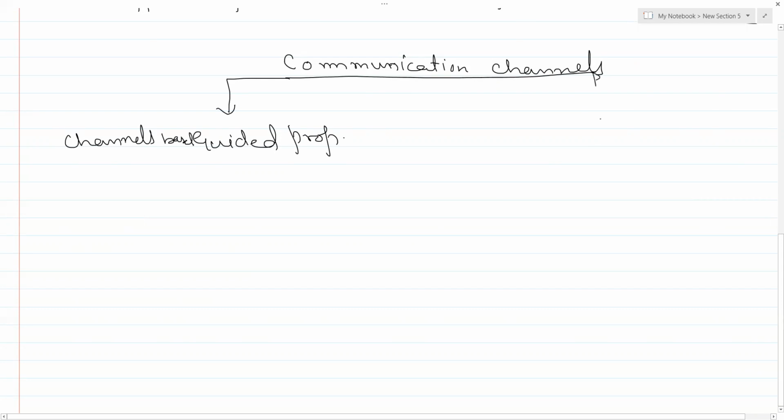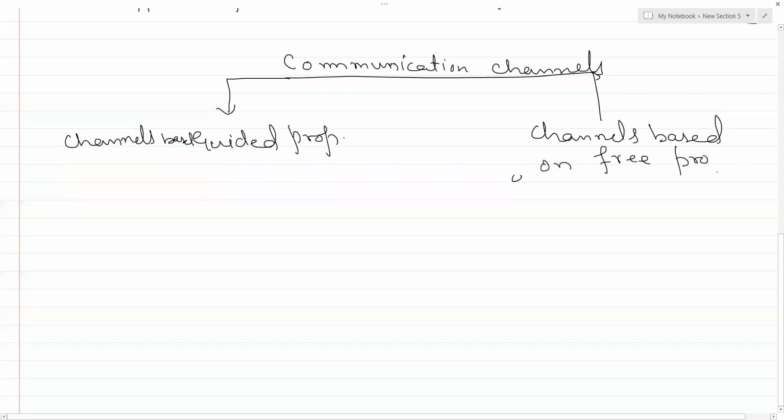Another is channels based on free propagation, or unguided propagation.